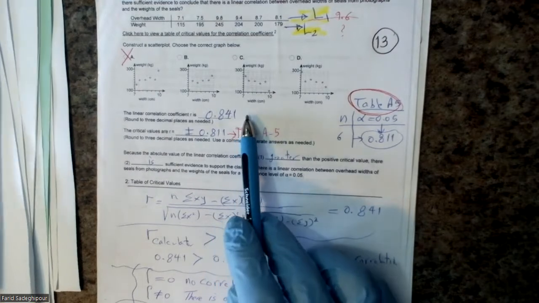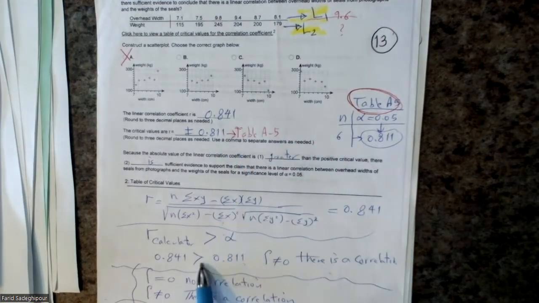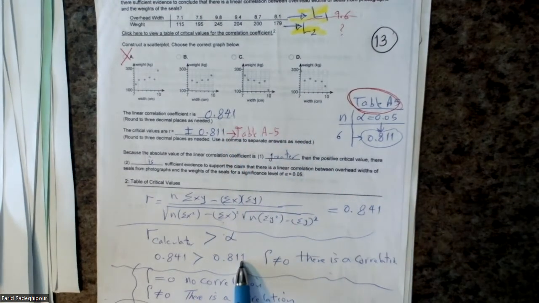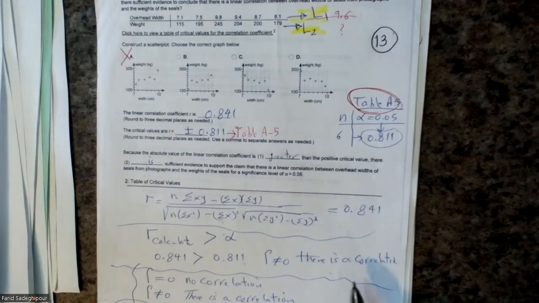So the R I calculated is 0.841, which is greater than 0.811. So there is a good correlation.